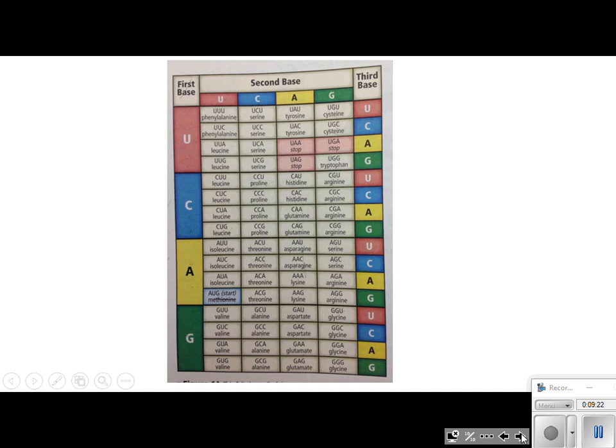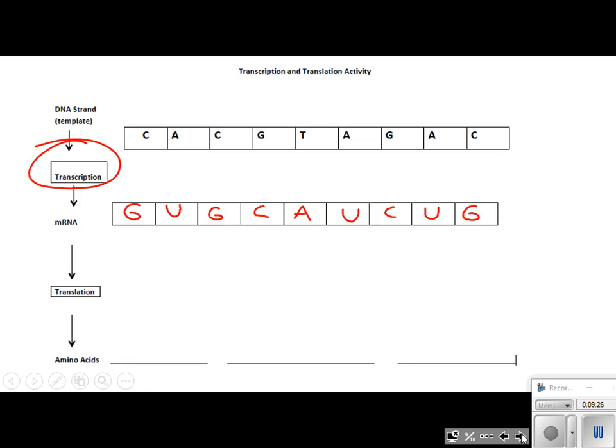Now, I want you to find my first base, which is, this is what we call a codon. A codon is a group of 3. So my codon is a group of 3. I look, what is G, U, G?